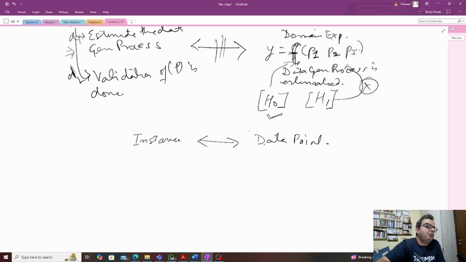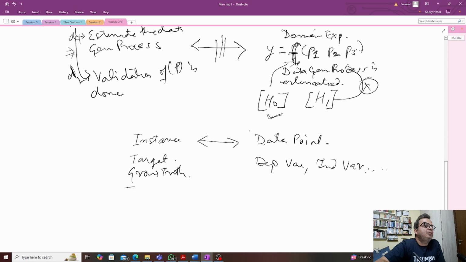This person is going to call it, say, target variable and ground truth, and an econometrics person is going to call it dependent variable, independent variable, etc. He's going to talk about training and testing, validation, model, and this person may talk about estimation and estimator instead of model.